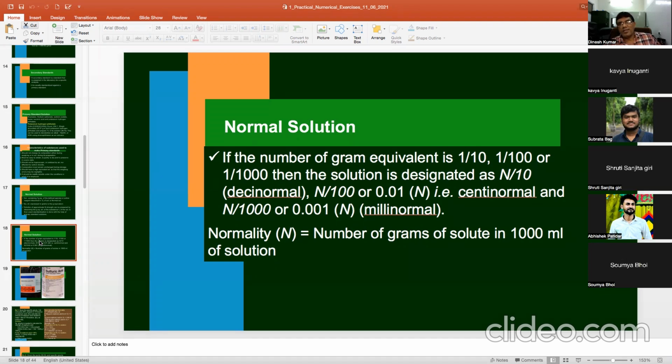You can concentrate it, you can make 2 normal, 5 normal, 10 normal. Suppose you have sulfuric acid, and it is written as 36 normal. What does it mean?